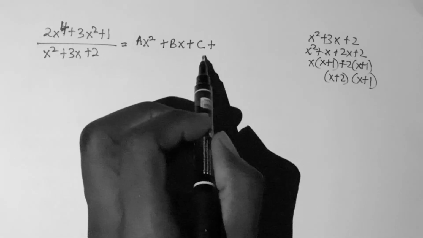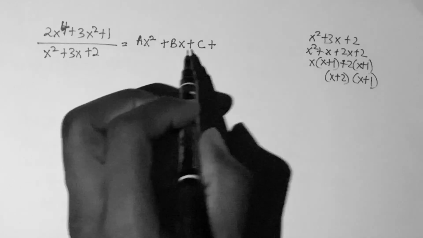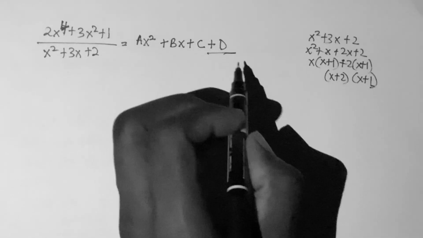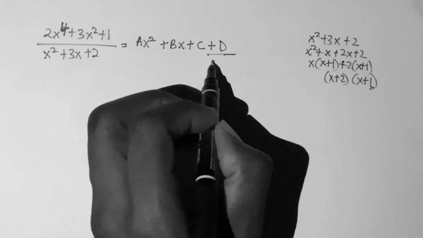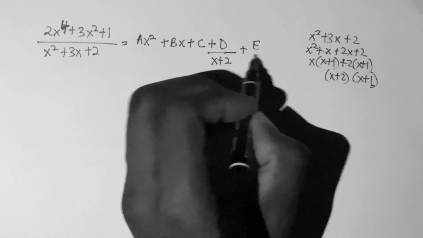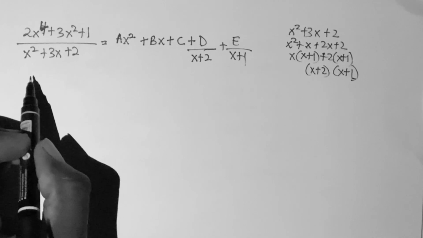So what it means is that we are going to get plus c, then plus d divided by one of these factors, which is x plus 2, then plus e divided by x plus 1. Now let me write this in a very nice way.